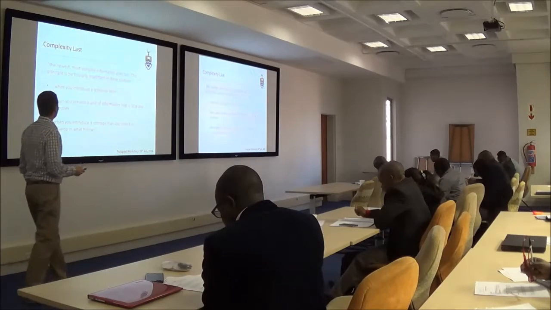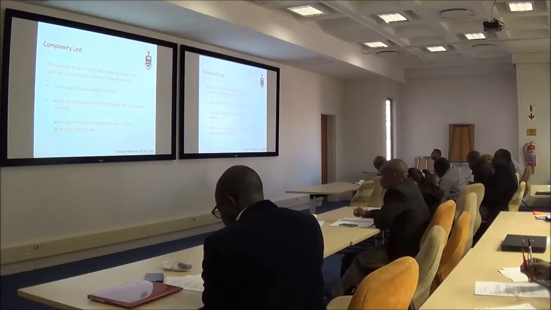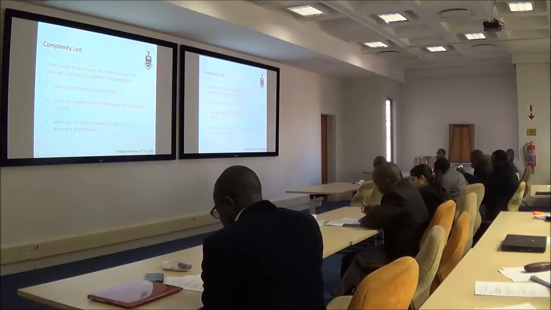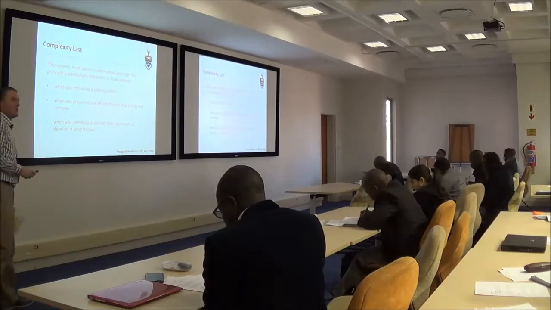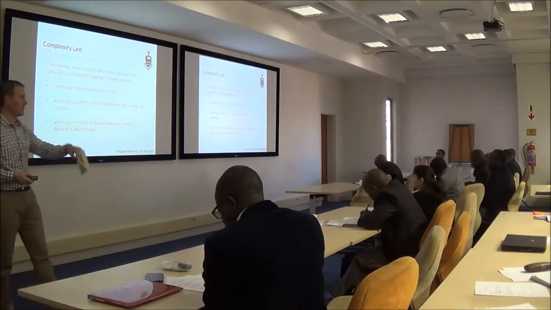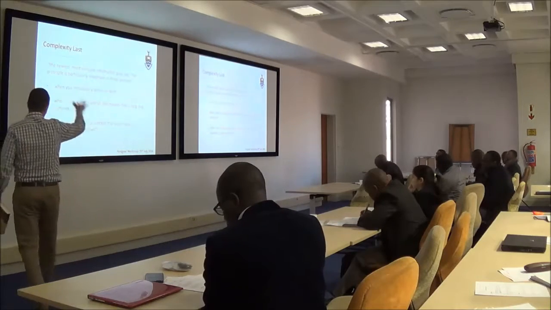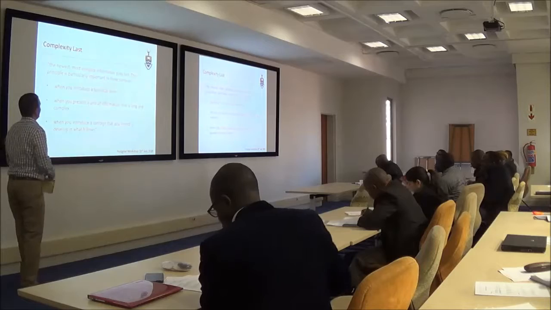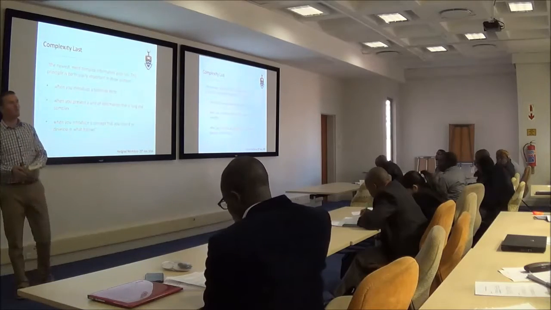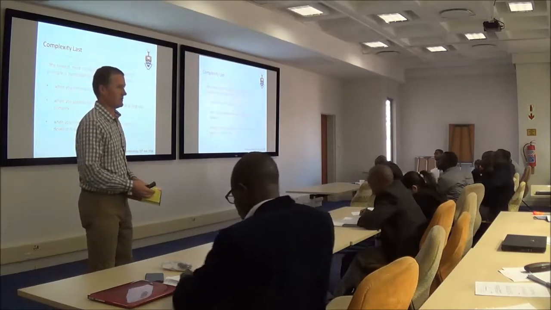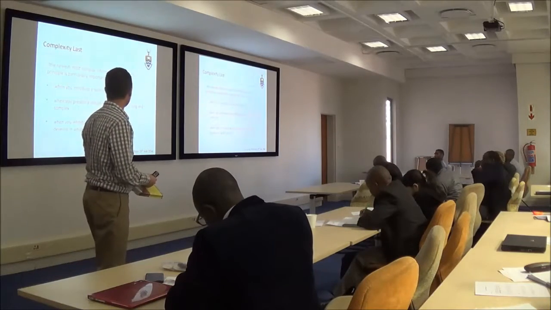Okay, so then this idea of complexity last. Again, this comes a little bit more to the quantitative engineering, commerce and sciences aspects of things. Again, straight out of the book, in a sentence, try and leave complex information to the end of the sentence. We'll look at a couple of examples just now.